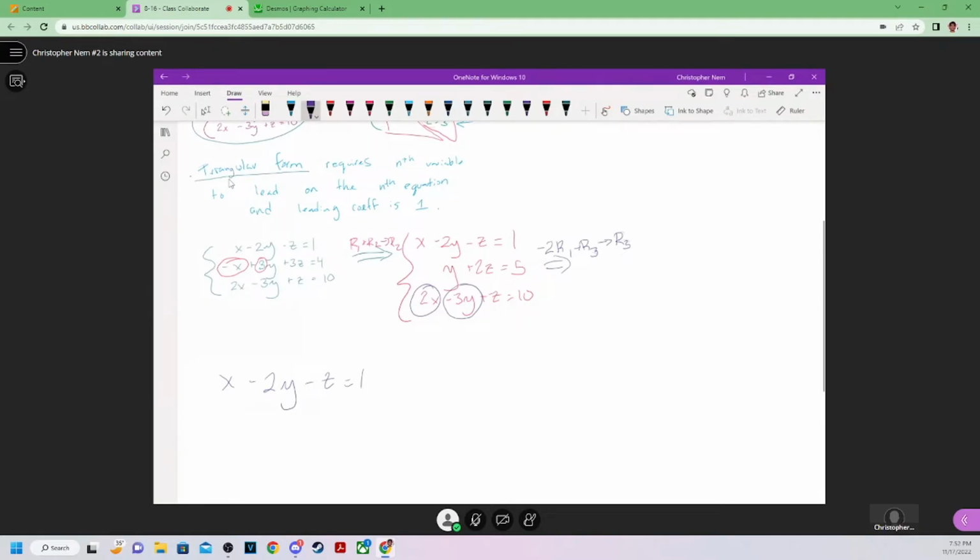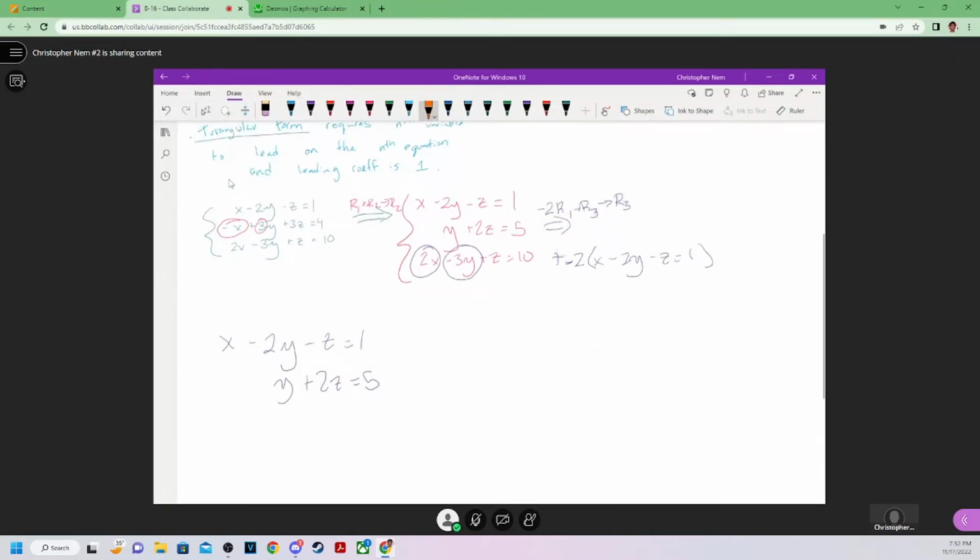And then you have y plus 2z equals 5. Now let me write it over here. I'm adding to the third row again, negative 2 times x minus 2y minus z equals 1. I have to add them together, so you have to do some mental math in here, or you can write it out.